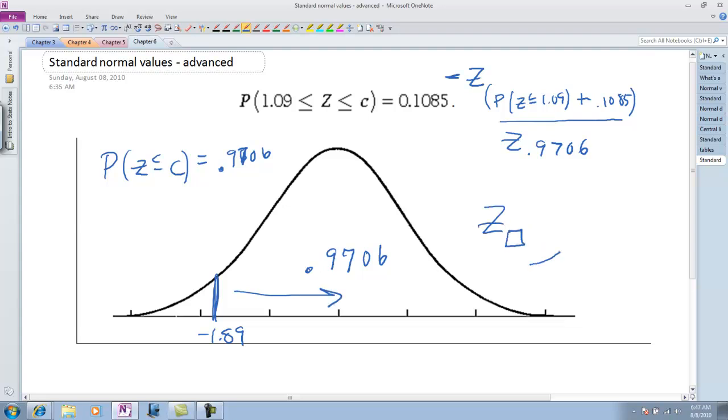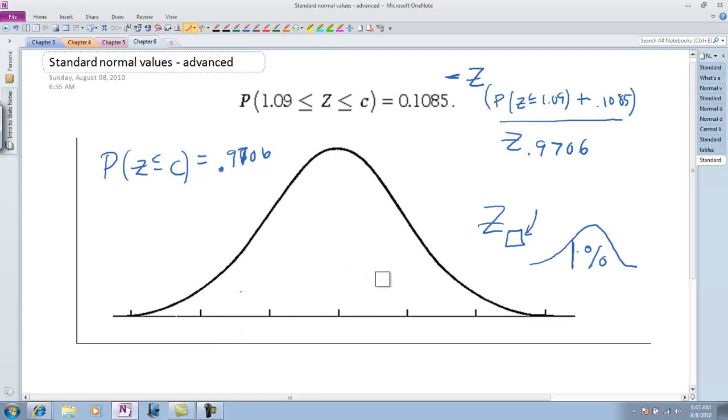It always looks up whatever percentage you put in here, it finds the Z value that gives that percentage on the right, not on the left. So if I just plug in my answer here, I'm always going to have to negate it. If I subtract my answer from 1, then I don't have to negate it.